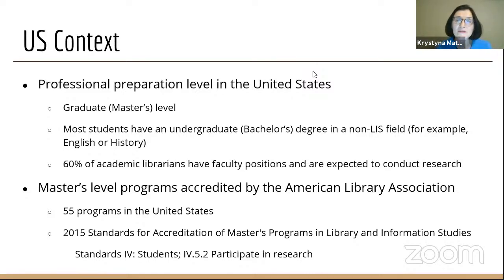Master's level programs are accredited by the American Library Association, and a degree from an ALA accredited program is basically required to enter the profession. In the States, we have 55 accredited programs, and there are a few more programs also accredited by the American Library Association, but those are located in Canada. And I believe there is one also in the UK.